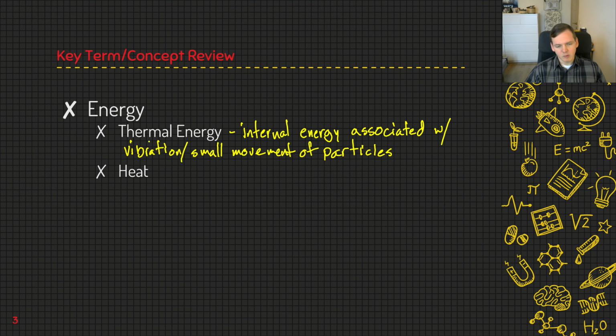We'll talk more about this when we get into our calculation section, but just talking about this is the total amount of energy. And then heat is energy transfer as a result of different temperatures. So if two things have different temperatures, then the energy that moves between them is what we call heat.